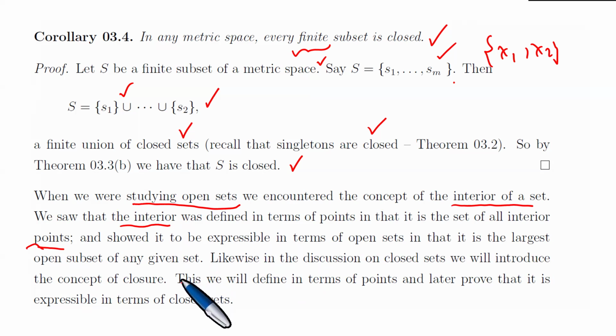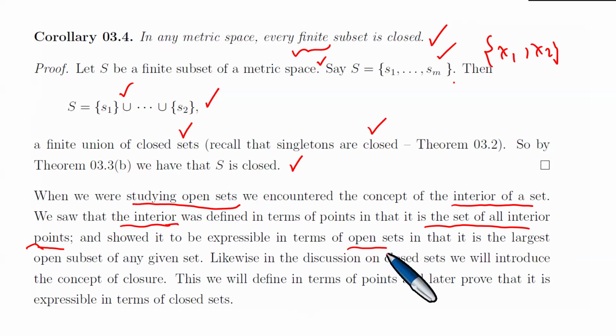So this is so powerful. We saw that the interior was defined in terms of points, in that it is the set of all interior points, and showed it to be expressible in terms of open sets.